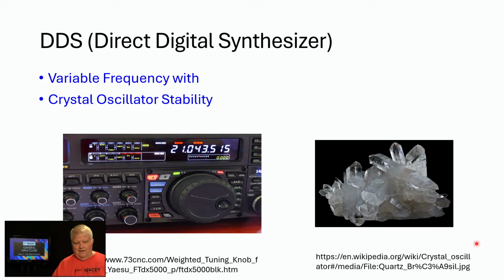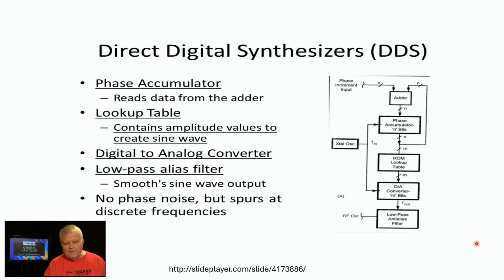Well, yay, that's a win. It's not perfect. Inside a direct digital synthesizer are all of these steps and circuits. There's a phase accumulator, it's a phase lock loop. There's a lookup table which contains the amplitude value of a sine wave, for example. There's a digital to analog converter, a low pass filter.